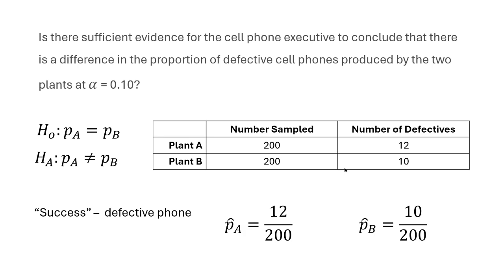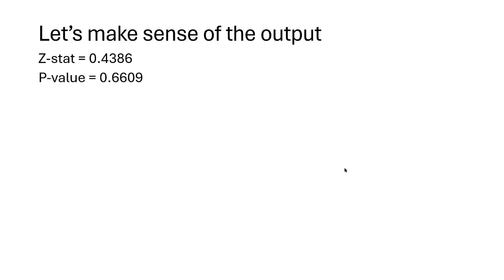All right. Here we are again. So there's our output. I just wrote down the two things we discovered. Our Z-stat is quite small. There's not even a one standard error difference in these two at 0.43, not even a half. But really that p-value is what we're using in this course. So 0.6609. I'm just going to repeat it down here and set it to the left of my significance level of 0.10.